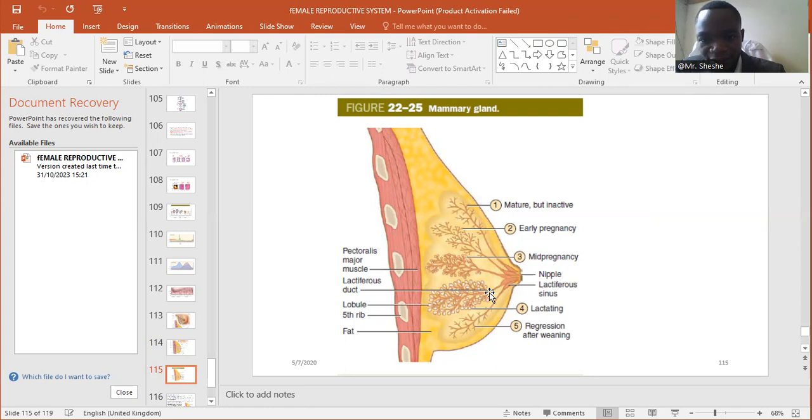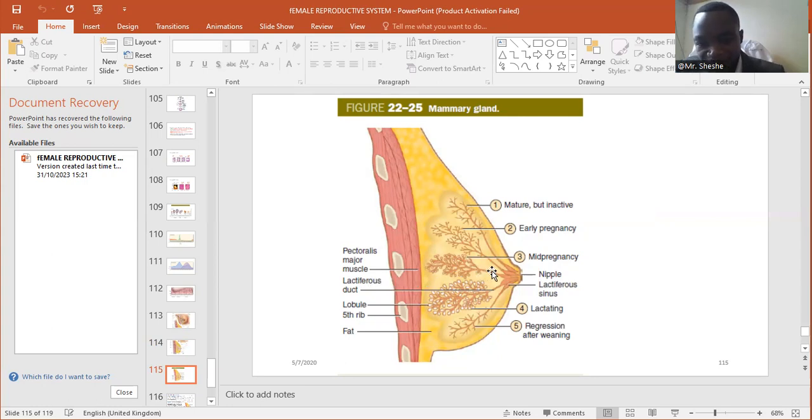And that duct leaves as a lobar duct, or a lobe duct, if you like. It is also known as the lactiferous duct. So a lactiferous duct is a duct of one lobe. This is one lobe, another lobe, another lobe. All these small sacs will eventually pour their product into the lactiferous ducts.